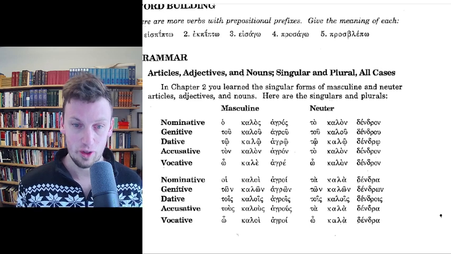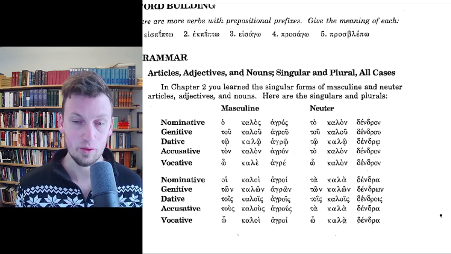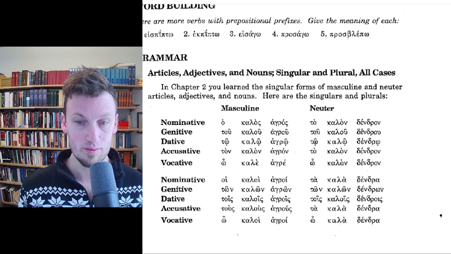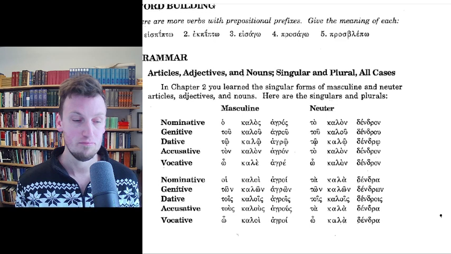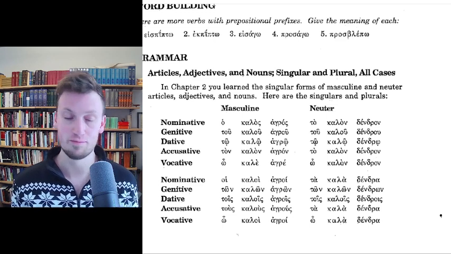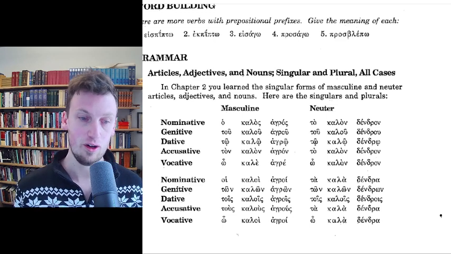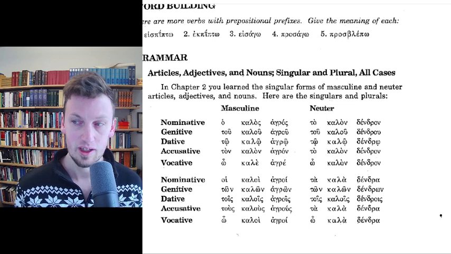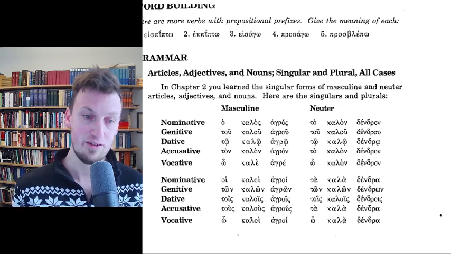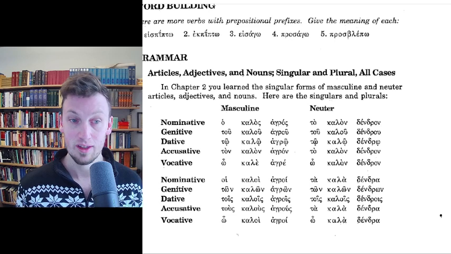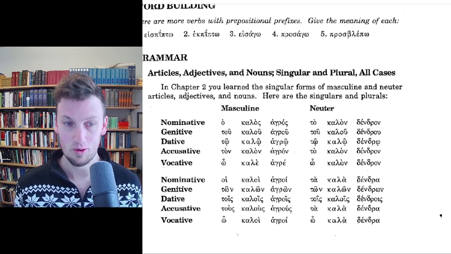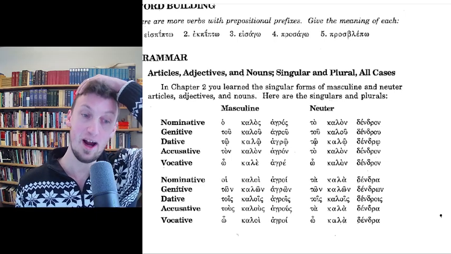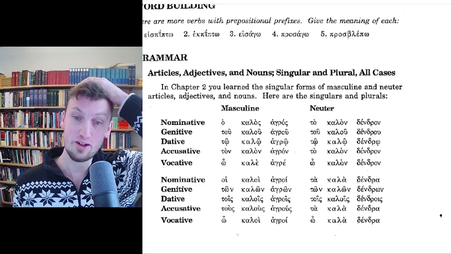Neuters will always have indistinguishable nominative and accusative forms, and this only occasionally produces problems. The Greeks were smart just like us. They were aware there were ambiguities in their language, and they didn't have the need to fix this most of the time, so it doesn't actually create issues most of the time, and it won't be a problem in practice for us. So there's your forms.